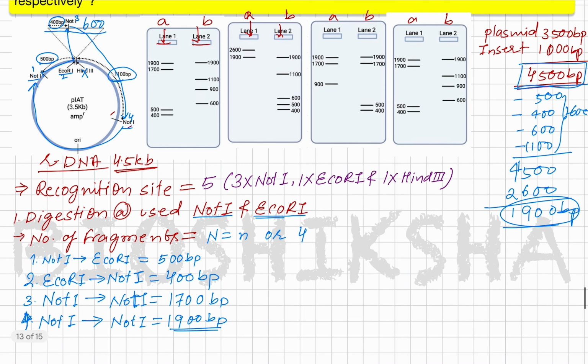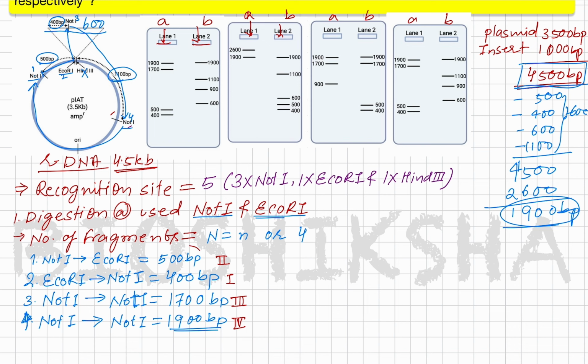Hope it is clear. So let us see. You have learned in class that in gel electrophoresis, the smaller the fragment, the farther it goes. The heavier the fragment, the less distance it runs, right? So in a particular sequence, the lightest will occupy the first place, heavier will occupy the second place, heavier than that the third place, and the heaviest will occupy the fourth place.